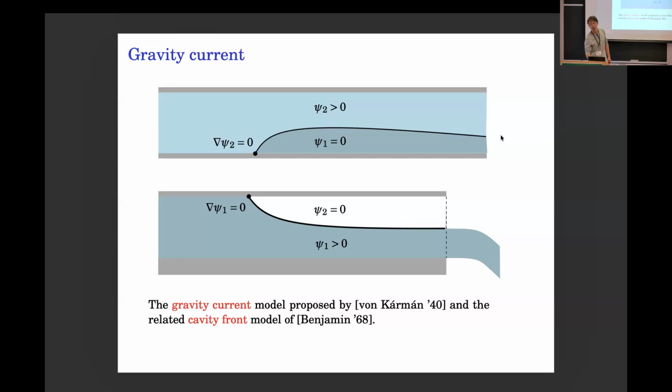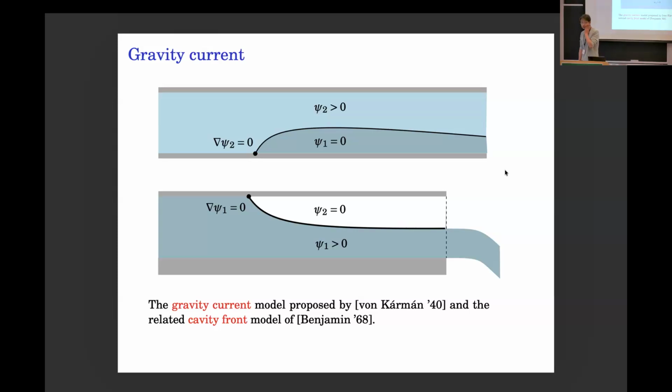So in his proposal, there's a lighter fluid sitting on top of a heavier one, and this heavier one is completely stagnant. Okay, and there is a triple junction point here where the sharp angle is taking place. And about 30 years later, Benjamin reevaluated von Karman's model.